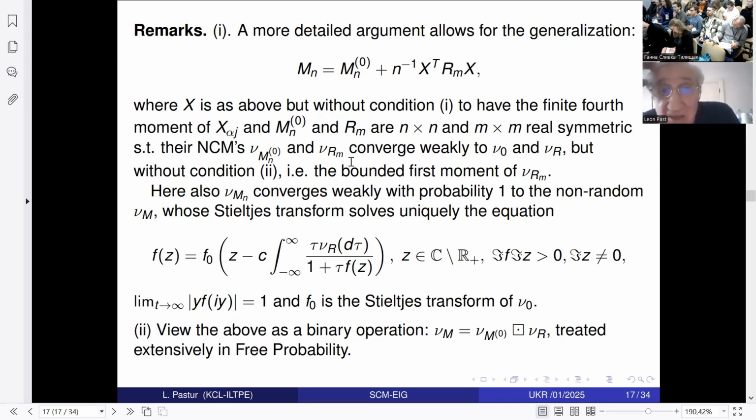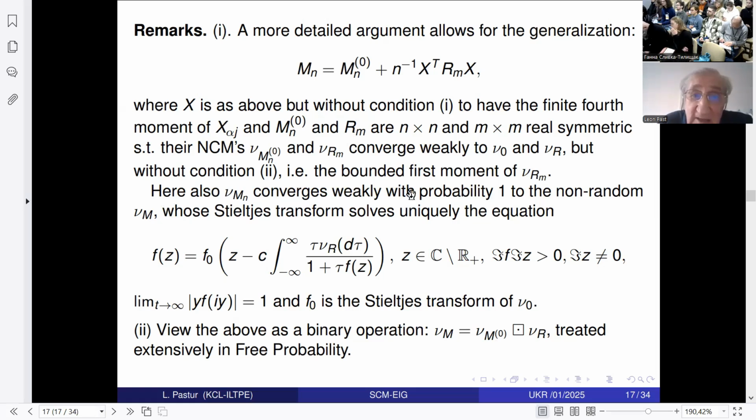Under this condition, I do not require that the fourth moment of the entries of X is finite. It suffices to assume that the second moment is finite, and we normalize it to 1.